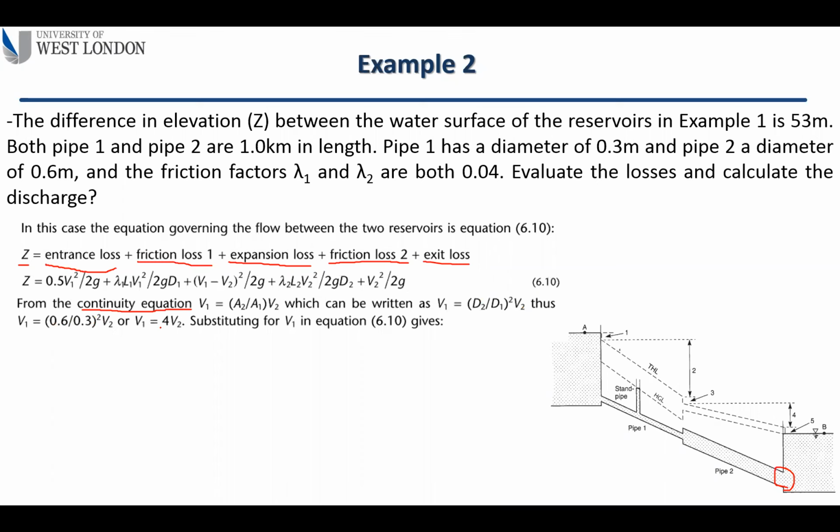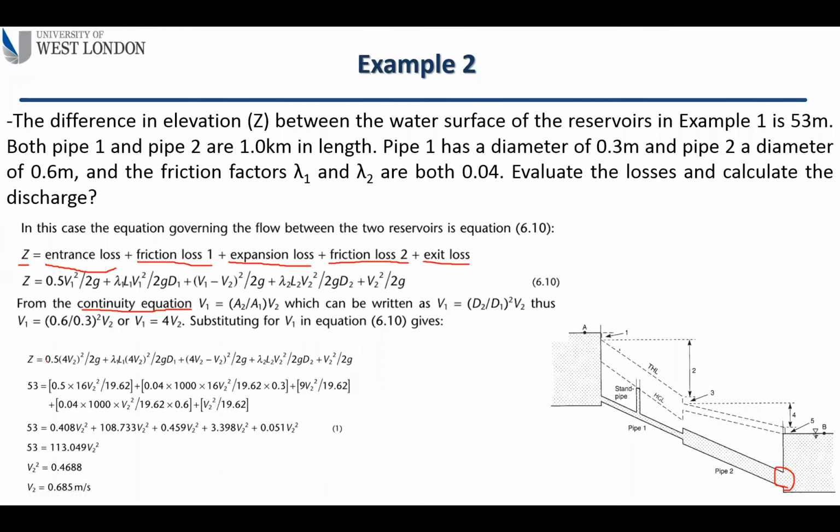So V1 is simply equal to 4 times V2. If we substitute V1 equal to 4 times V2 in this equation, and substitute the other parameters like lambda, L, V, and D, and we also know the Z as well, we can easily calculate the V1 here.